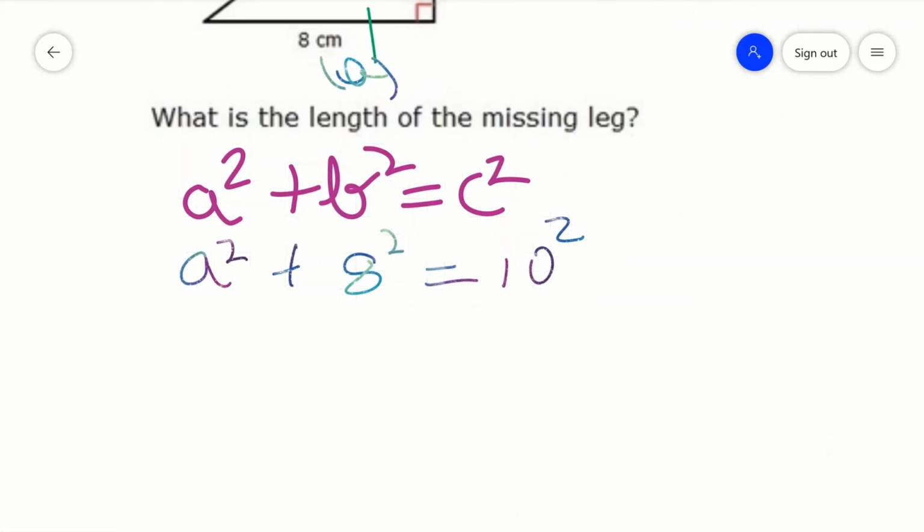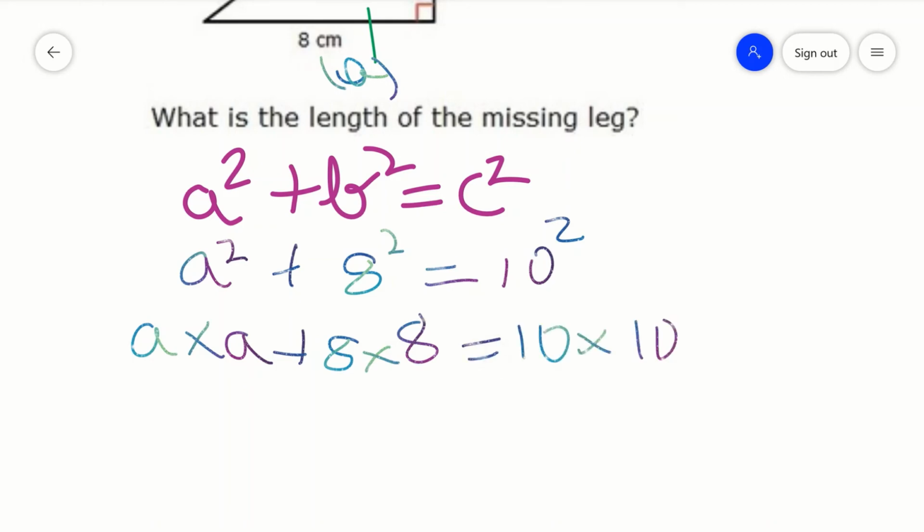So a into a plus 8 into 8 gives you 10 into 10. So a into a is nothing but a square plus 64, which is equal to 10 into 10, which is 100.